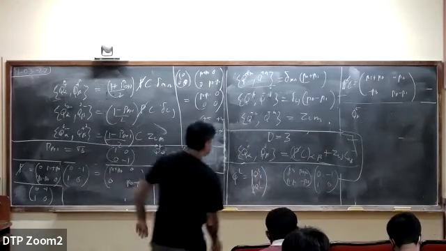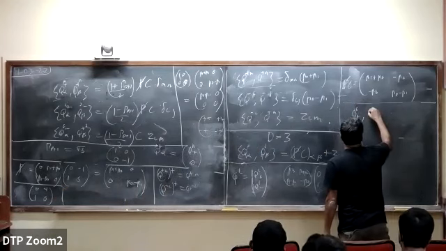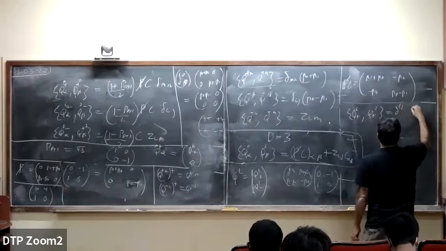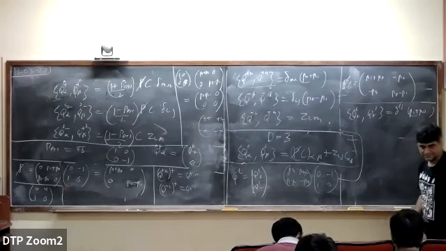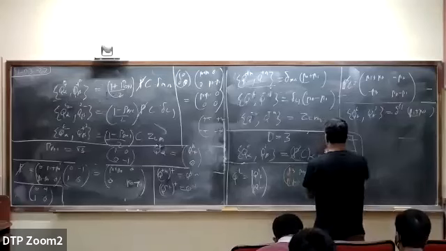This tells us that Q plus^I Q plus^J is equal to delta^IJ (P1 plus P0), as before, as in d equals 2. There is a delta^IJ here.